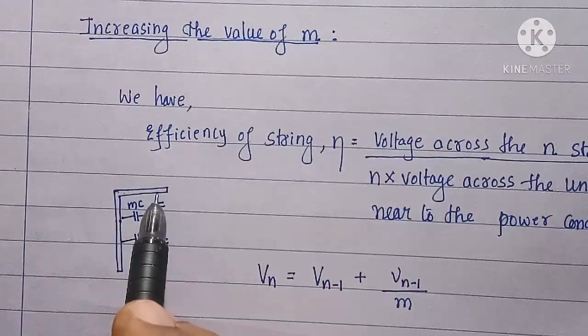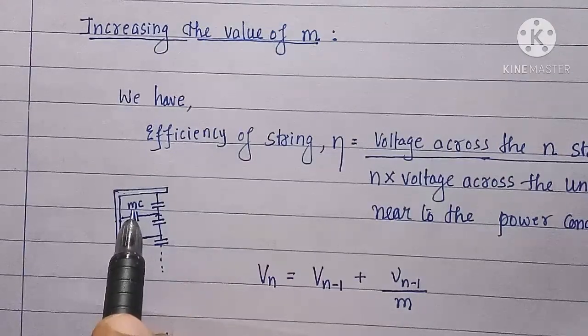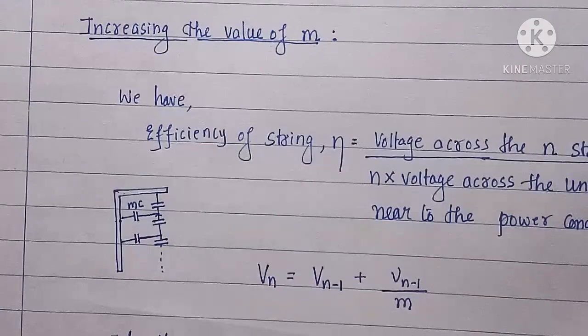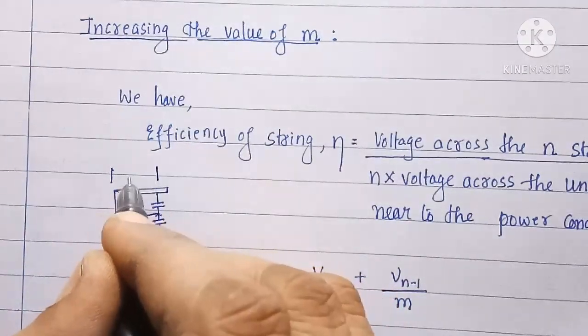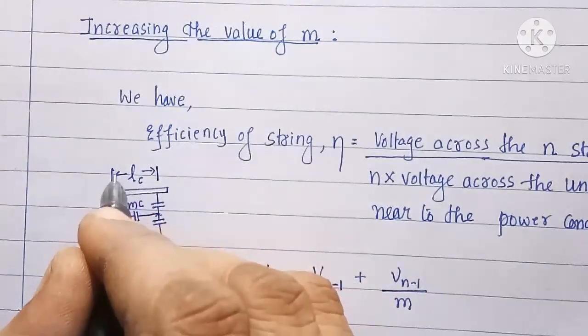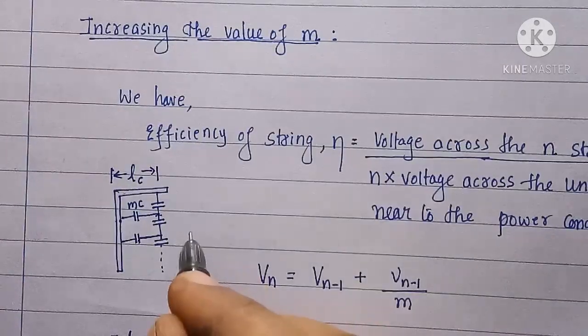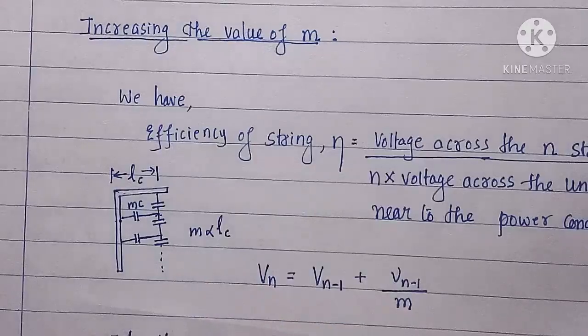So by increasing the length of cross arm, we can increase the value of m, which means if the length of cross arm here is, say, LC, then m is proportional to LC.